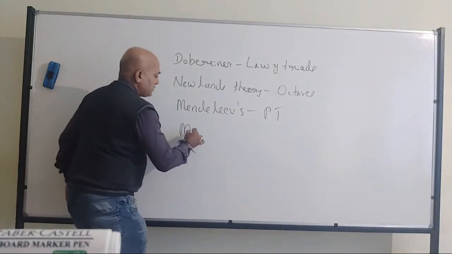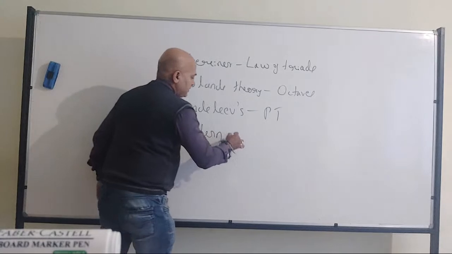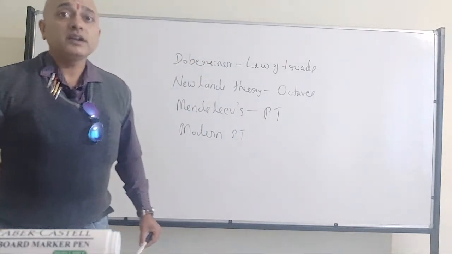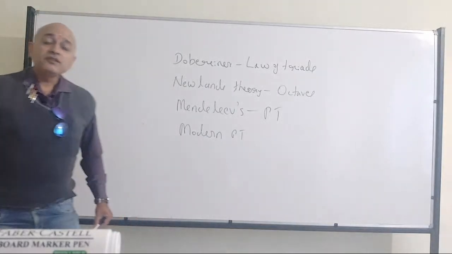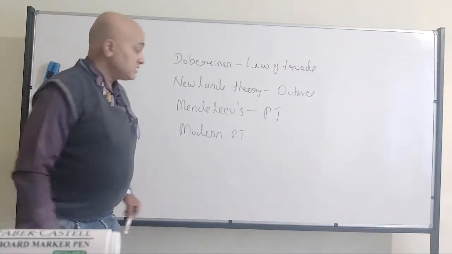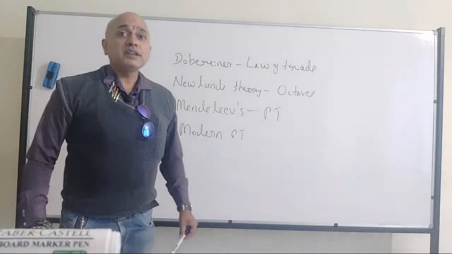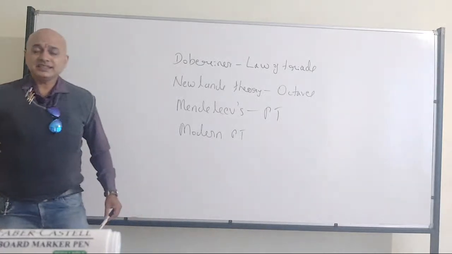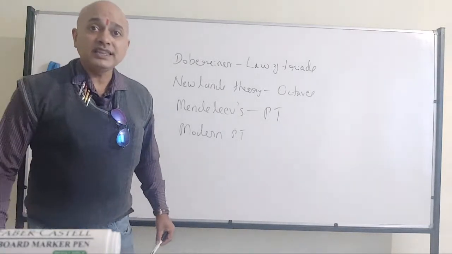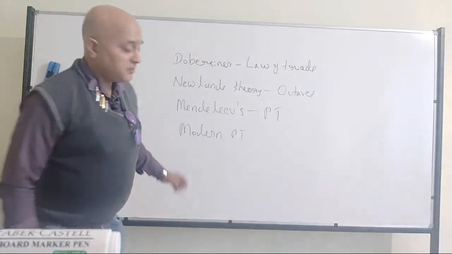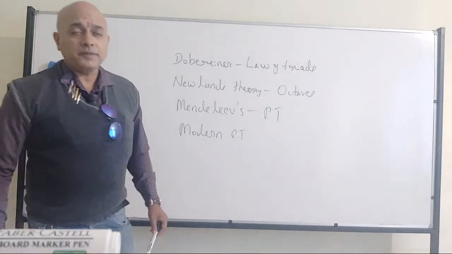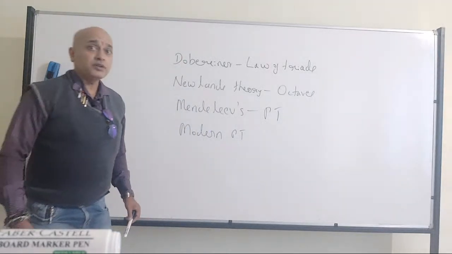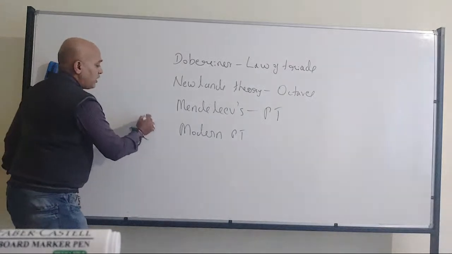Now comes the modern periodic table, and Mendeleev is considered the father of classification of elements, or father of the periodic table. Mendeleev's periodic law tells that periodicity in the properties of the elements is based on the atomic weight. But modern periodic law talks about atomic number. On what basis?